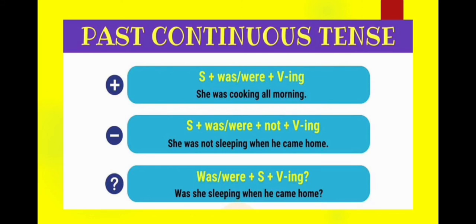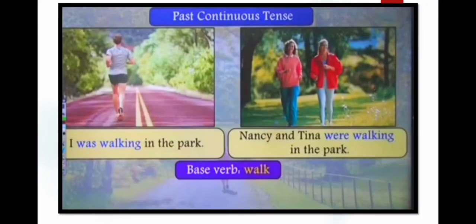To form interrogative sentence, the rule is was or were plus subject plus verb first form plus ing and then question mark. In this rule, subject will be after was or were and at last we are going to put question mark.